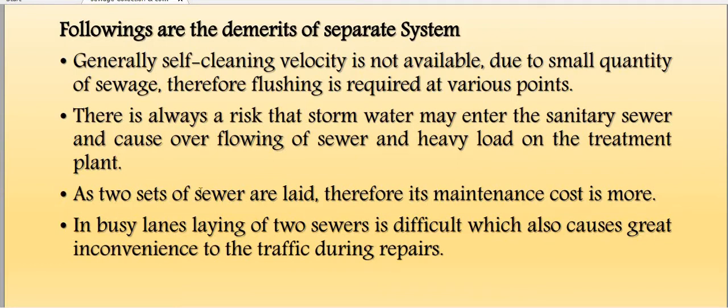So the flushing points or flushing zones will be provided, and hence we have to add water or flush the water into the pipe. So it is the major demerit of the separate system.